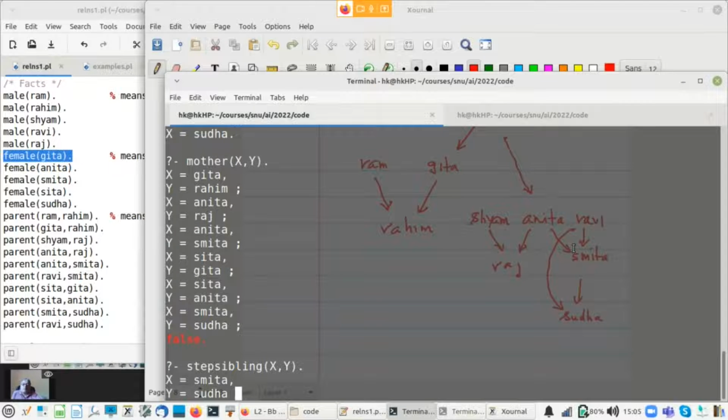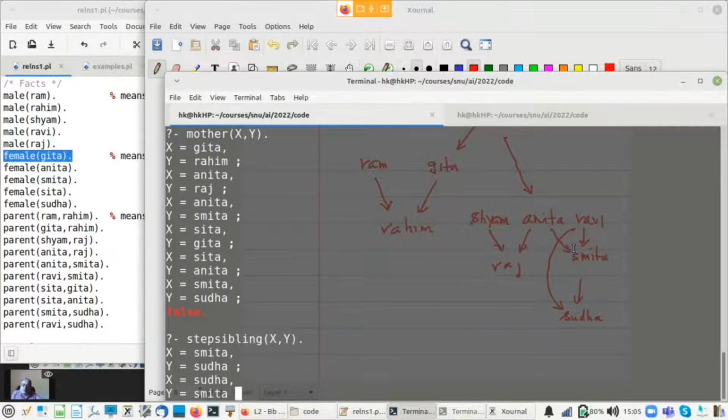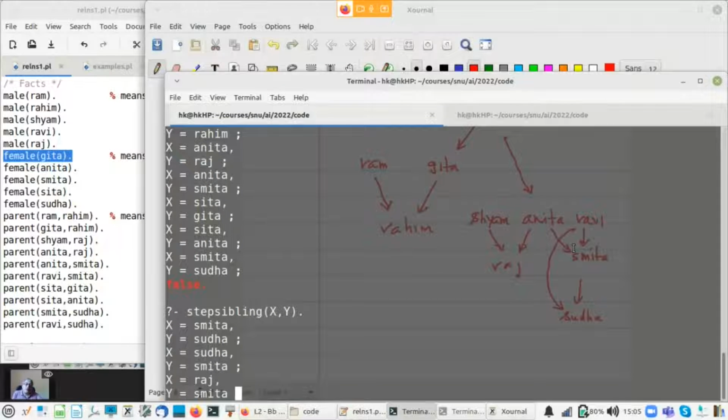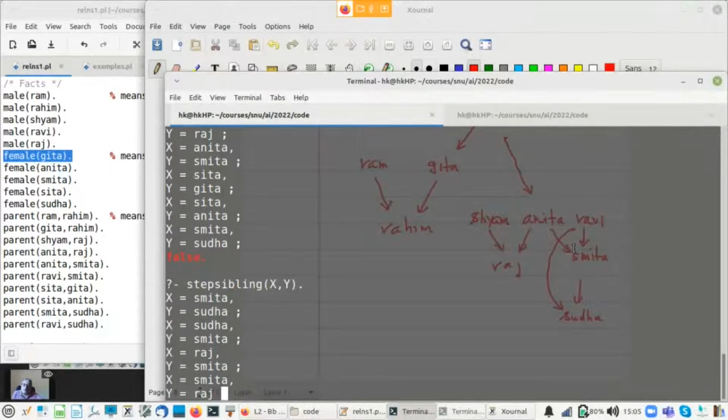So simply by virtue of having the same father, Smita and Sudha are step siblings. Then Sudha and Smita, it's doing the same thing but in the reverse direction, you can see. Then it says Raj and Smita are step siblings because they share a mother, Anita. Okay. Now you'll get the other way around, Smita and Raj.